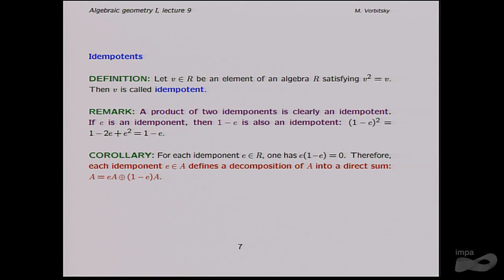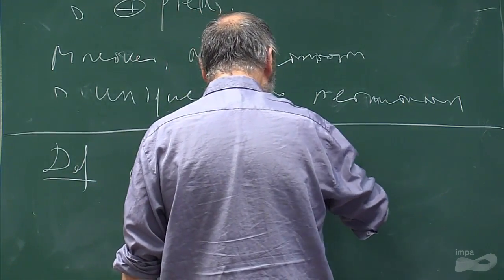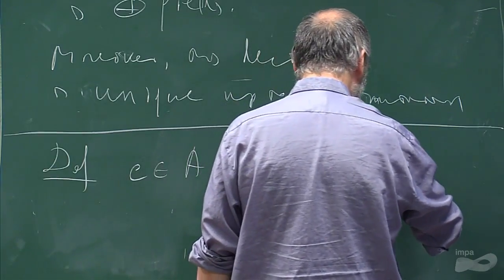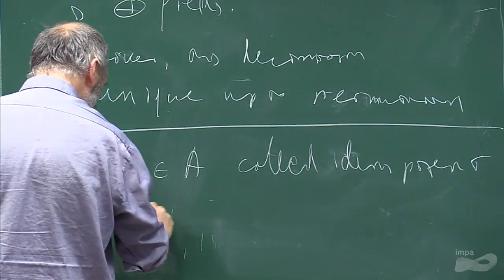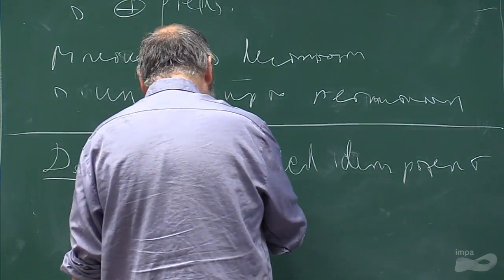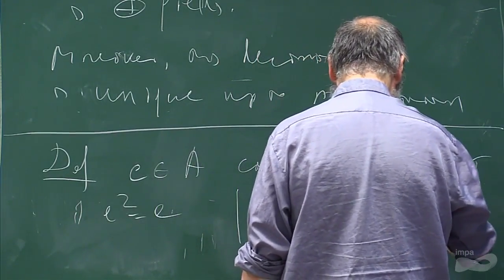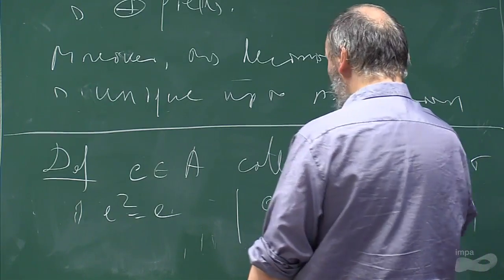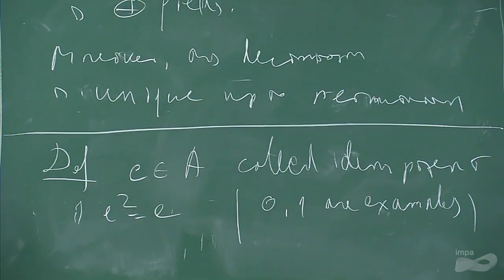So, definition: an element E inside A is called idempotent if E squared is equal to E. So we have obvious examples, 0 and 1 are examples of idempotents. But there are more. If it is a direct sum of fields, obviously you have more idempotents, just units in each of these subfields give you an idempotent.